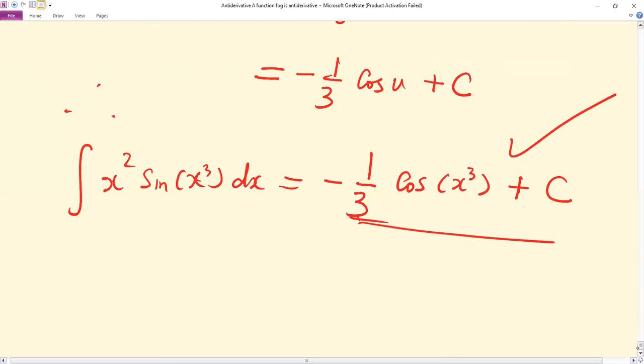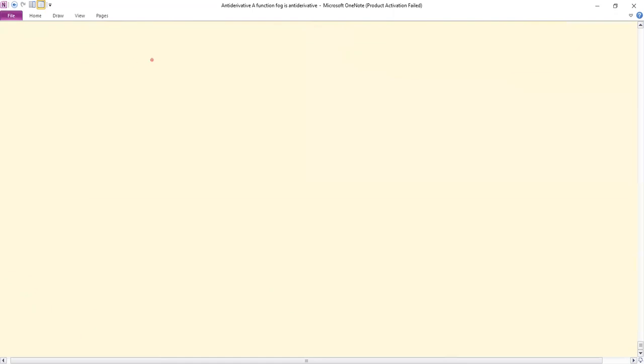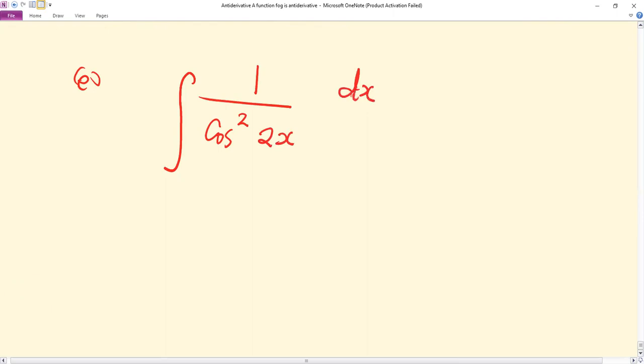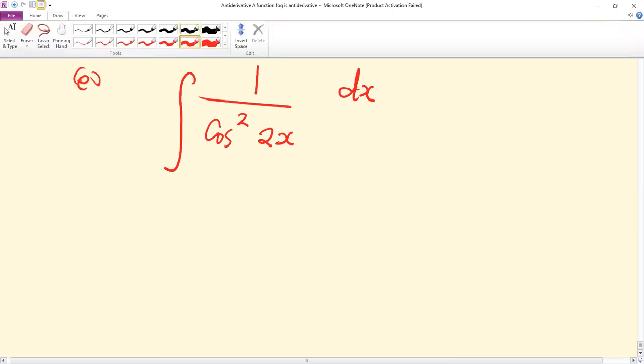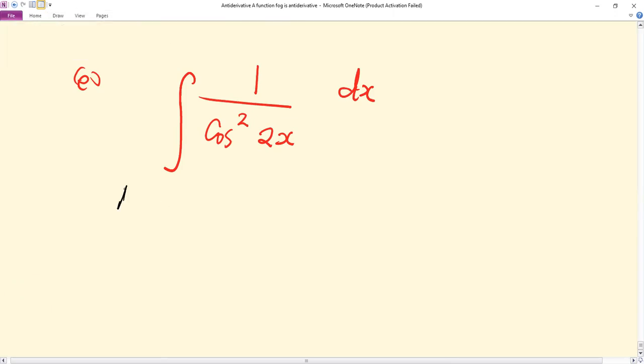And then lastly, E, integral of 1 over cos squared 2x dx. So here, note that 1 over cos squared 2x is the same as sec squared 2x.